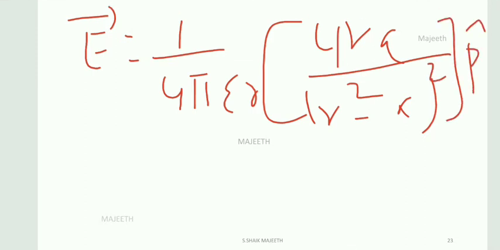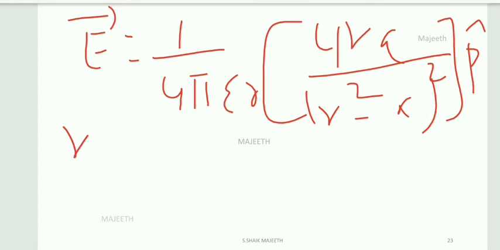Clear? Now suppose we consider R, the distance from the center of the dipole to the field point, greater than A, the distance from the dipole center to the charge. Means R is far greater than A. So R is far greater than A means what will happen?